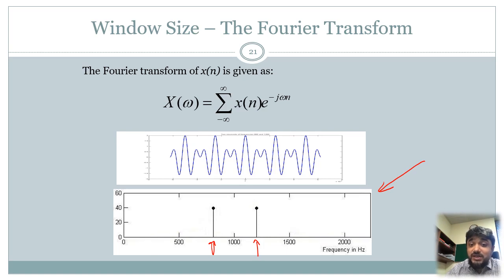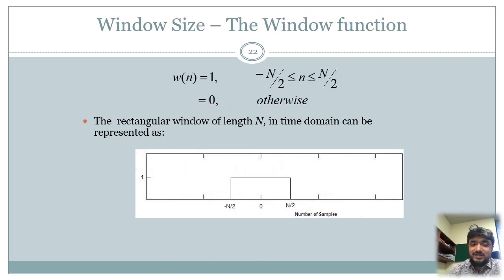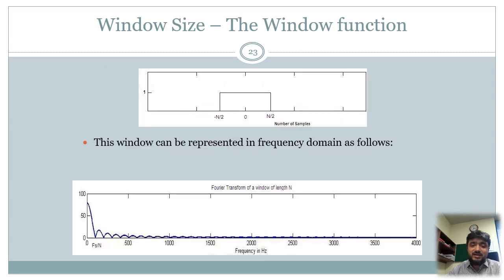However, when you window it, something else will happen, and let's look at that now. So this is a window whose length is N. Now we just find the transform of this rectangular window, which we had seen before. So this is the Fourier transform of this window, and you can clearly see that the first zero occurs at fs over N. This is actually a property: the Fourier transform of a rectangular window of length N has its first zero at the sampling frequency divided by N.